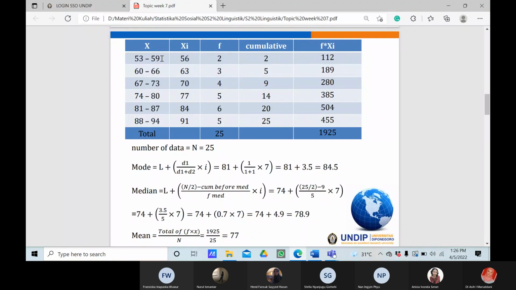Okay, from the interval you have a score of 53, 54, 55, 56, 57, 58, 59. This interval has 7 scores. Then you have to find the midpoint of this interval. Because this interval has 7 scores, the midpoint or the median of this interval will be 56.